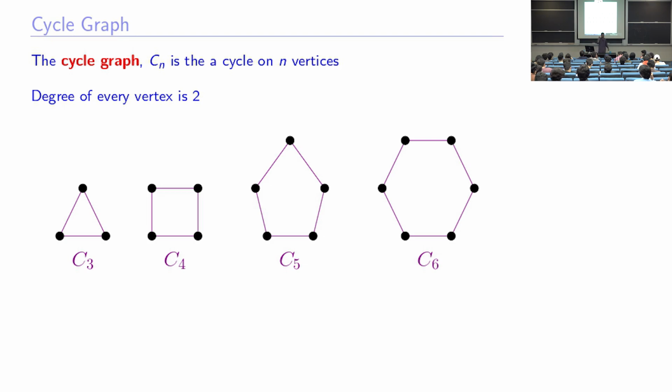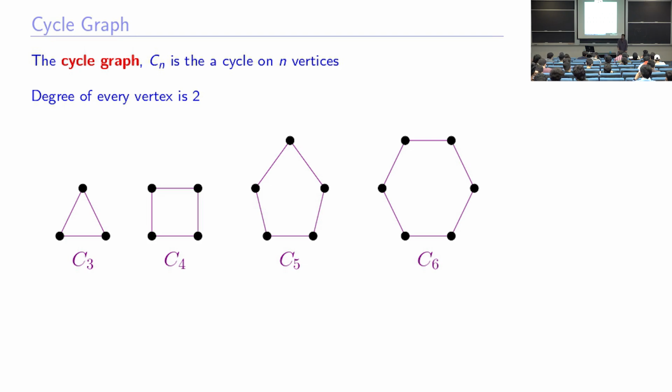So here is an example of C6. It has 6 vertices. Every vertex is adjacent to the previous one and the next one. Every vertex is adjacent to one vertex, the next one counterclockwise, and the next vertex clockwise. So in both orientations, to the previous and the next, however you define it.